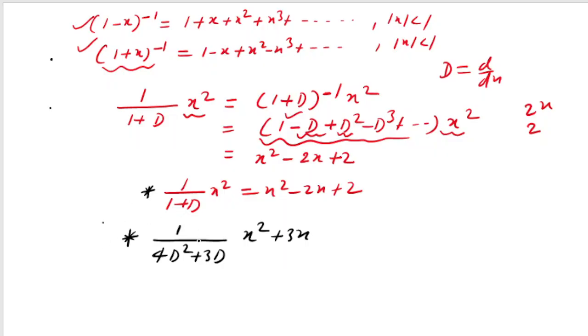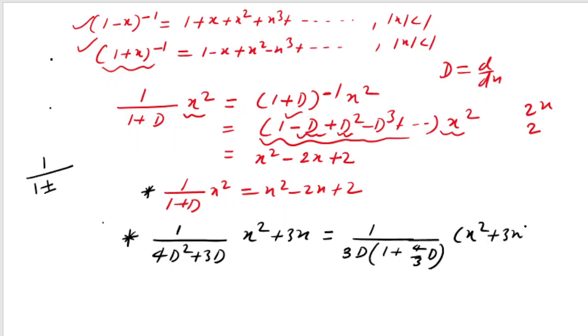Our aim here is to somehow get the expression in the form of 1 plus or minus some function of D. So one way is to take 3D common, and here I write 1 plus 4 by 3D, and that we are going to operate on x square plus 3x.